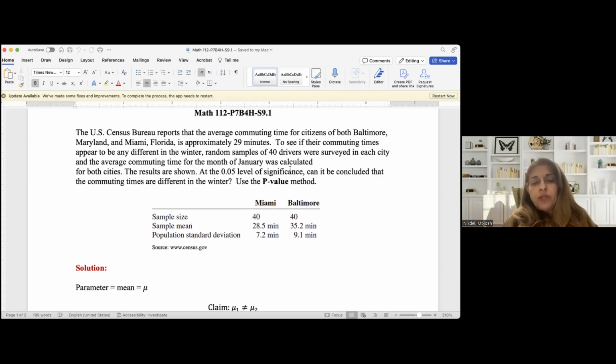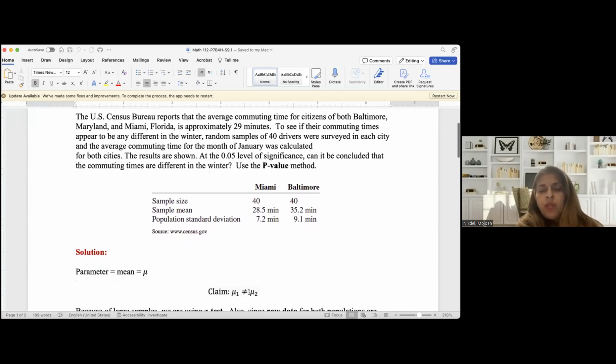So sometimes I say at alpha equal to 0.05 or at the 0.05 level of significance. Can it be concluded commuting times are different in winter? So the claim is that mu1 not equal mu2. The mean of the population for the first group is not equal to the mean of the population for the second group.